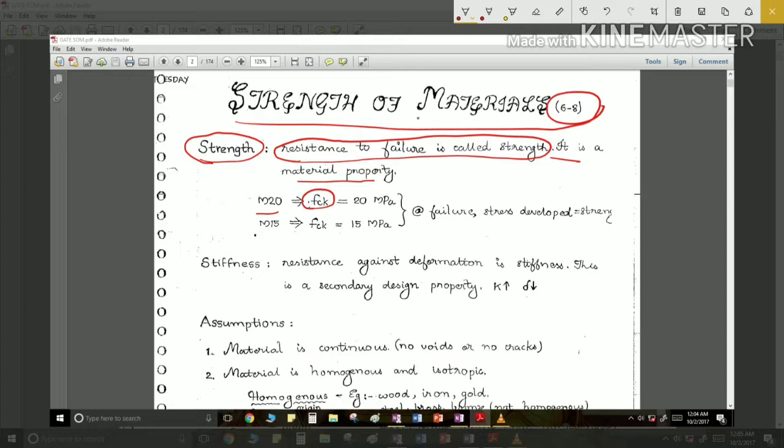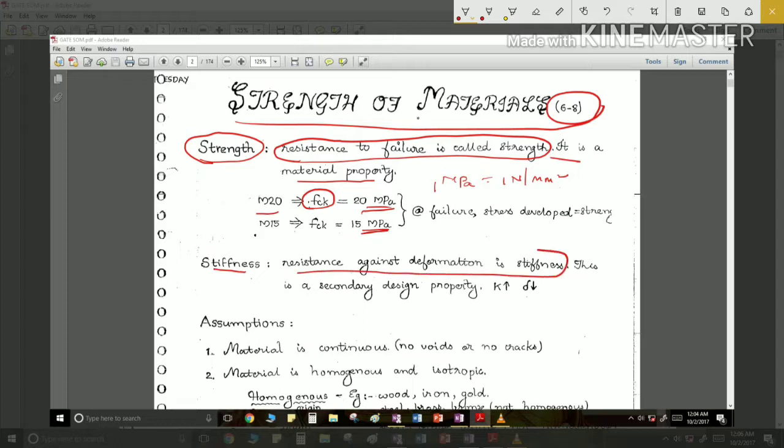For M20 concrete it is 20 megapascals, where 1 megapascal is equal to 1 Newton per mm square, so fck is equal to 20 megapascal, that is 20 Newton per mm square. Similarly, M15 is equal to 15 megapascals.